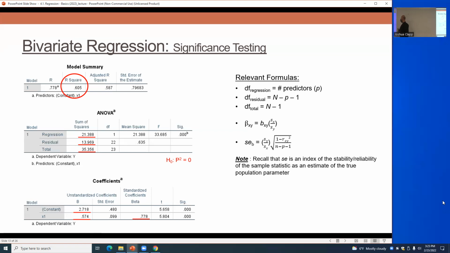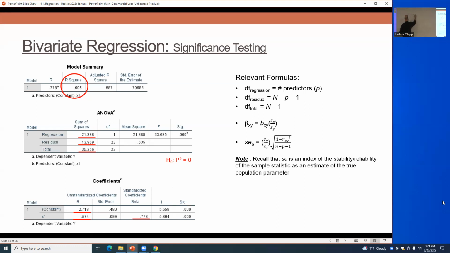Just looking down at my coefficients, which one of those two unstandardized coefficients is going to be equal to my regression constant, or what we were calling A before? 2.72. Yep.